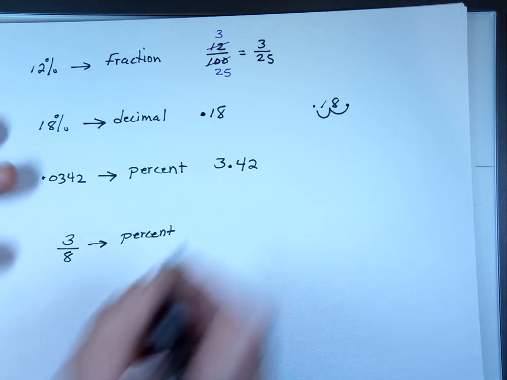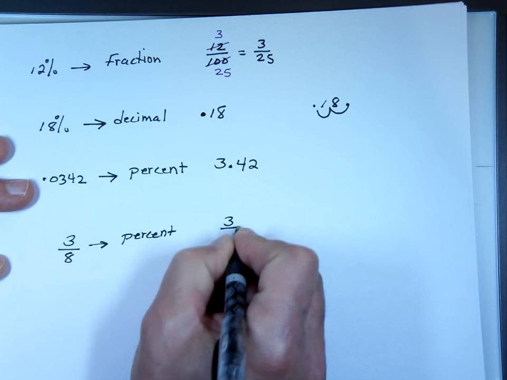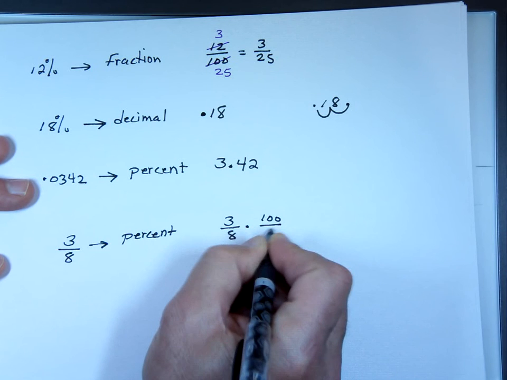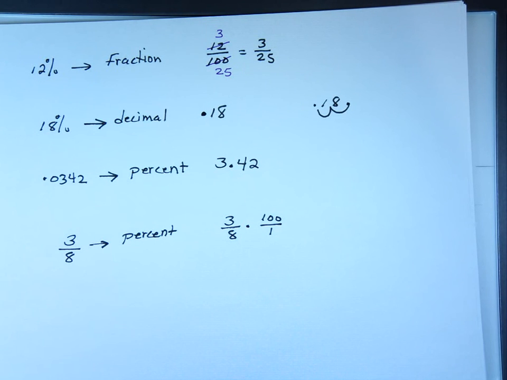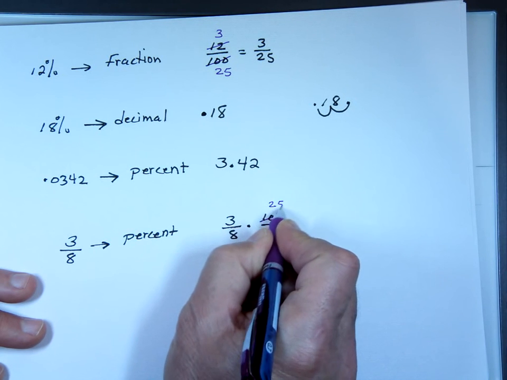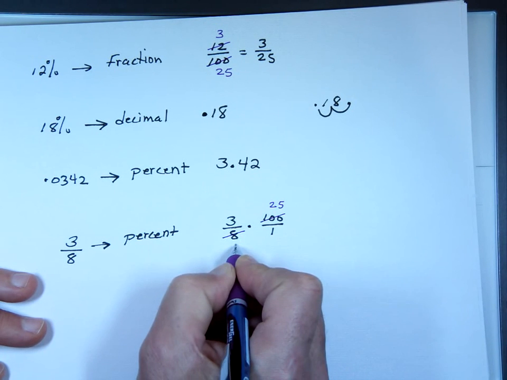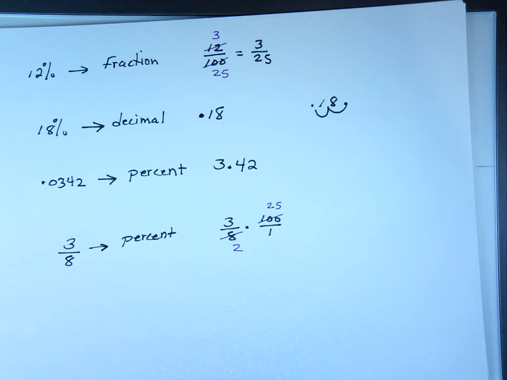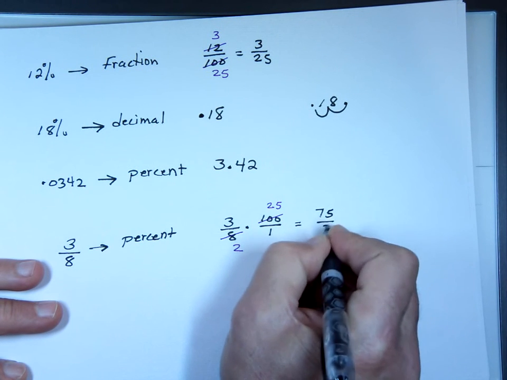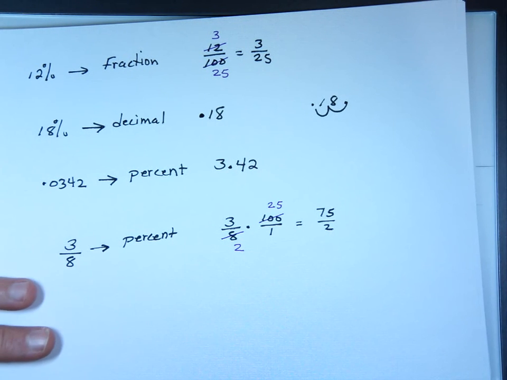Multiply by 100, yes. By 4, this is 25. By 4, this is what? 2. 3 times 25, 75 over 2. And let's divide 75 by 2 and see what that number is as a percent.